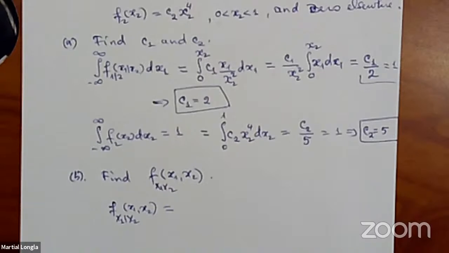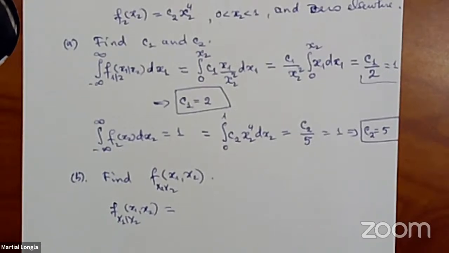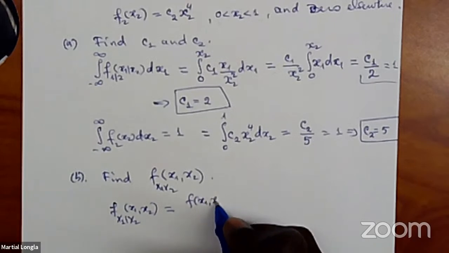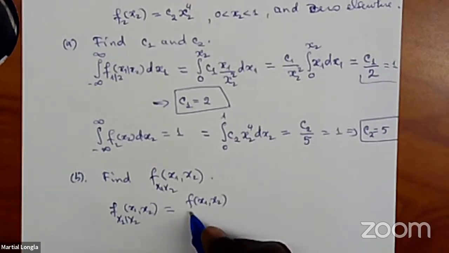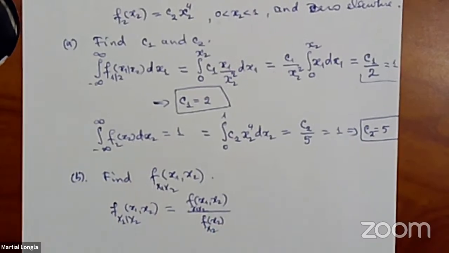Double integral, joint distribution divided by the marginal. That's the definition of the conditional distribution.